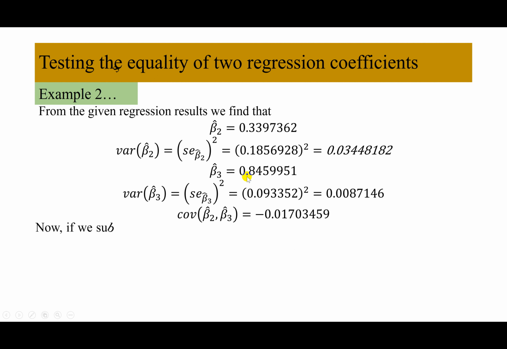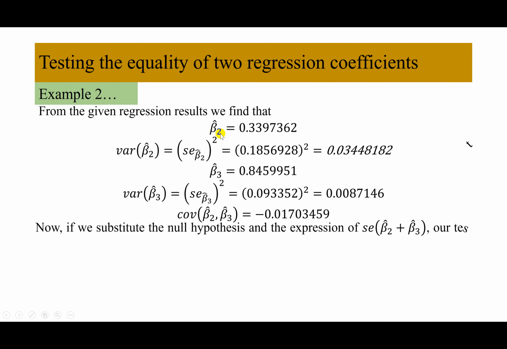Now let us substitute the actual values from the estimated model. From that model we get the slope coefficient of x2, labor: beta hat 2 is equal to 0.3397362, and the variance of beta hat 2 is the square of the standard error of beta hat 2.